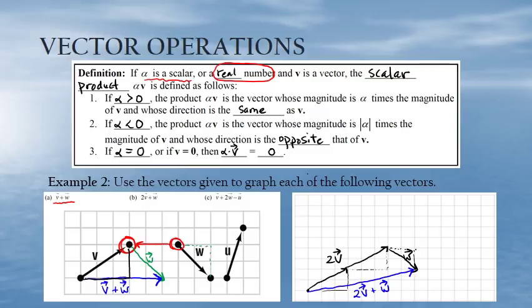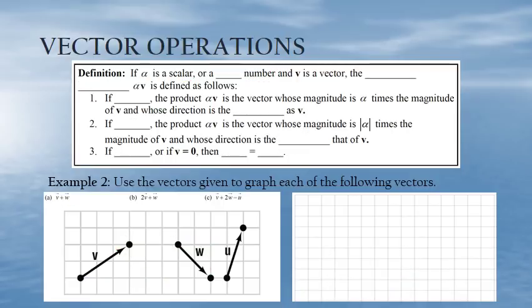All right, and finally one last one. We have vector v plus 2 times vector w minus vector u. And I think in order to get a good picture, I'm going to clear my screen so that I can have a new piece of graph paper with just part C on it. So I'm going to erase this. There it goes.